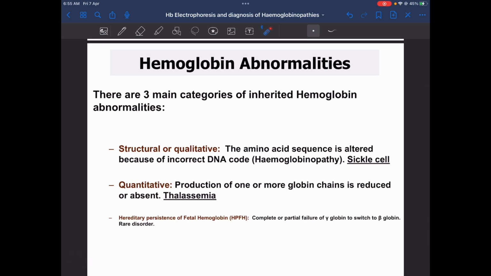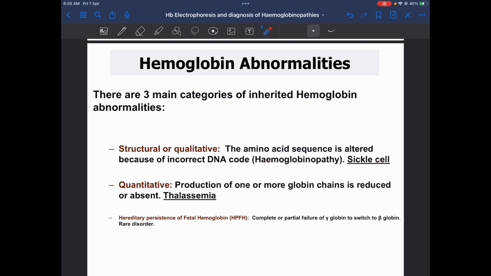So, when we talk about hemoglobinopathies, there's 3 main categories of these inherited abnormalities. We have structural, or qualitative, and then we have quantitative, and then there's the HPFH condition. So qualitative means that the quality of the chains has been altered. The structure has been altered.